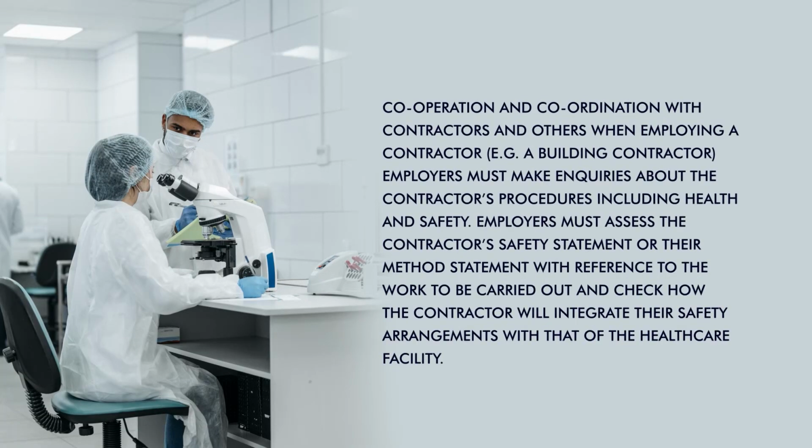That can cause injury or harm to service users or other persons, such as a trip on uneven floor surfaces, or contractors not being informed of the location of asbestos or a fragile roof. Cooperation and coordination with contractors and others is also an important step.